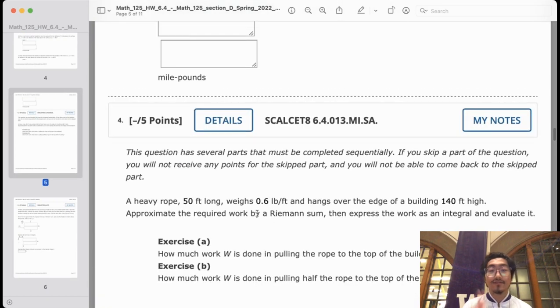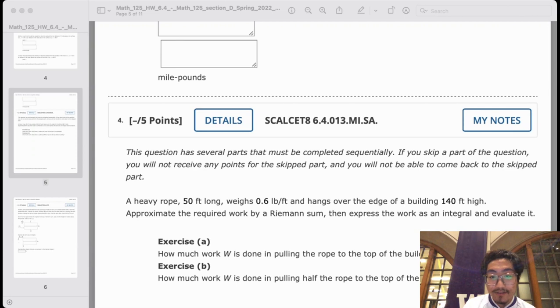This one is the basic kind of entry into the main part of the work problems that you may encounter in Math 125 or Physics 121 if you're taking the course right now. Number 13: you want to get this work.